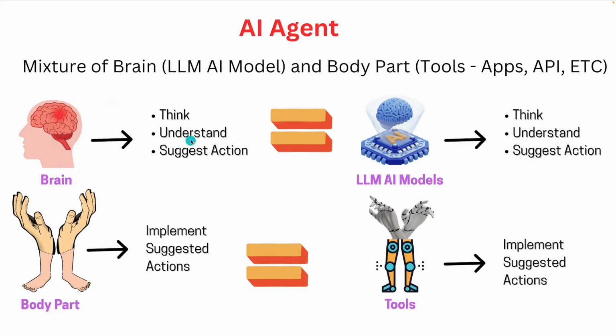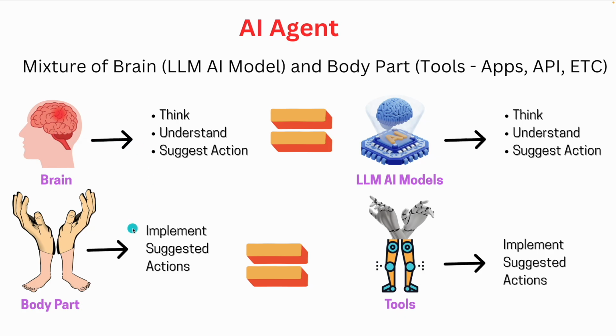Our brain can think, understand, and it can suggest action on the basis of what it has thought and understood, right? On the basis of that, our brain suggests some action, okay, this is something we should do. So that is the brain.